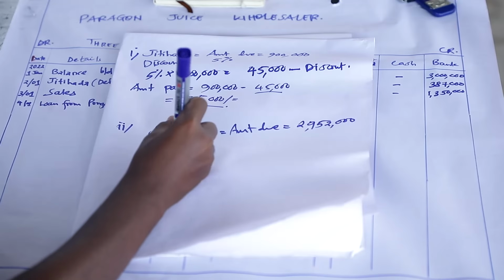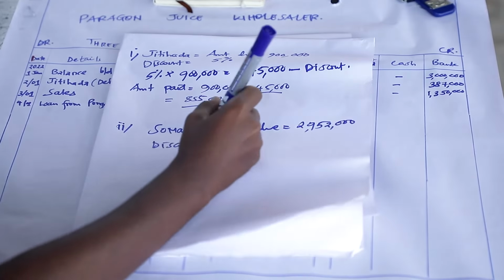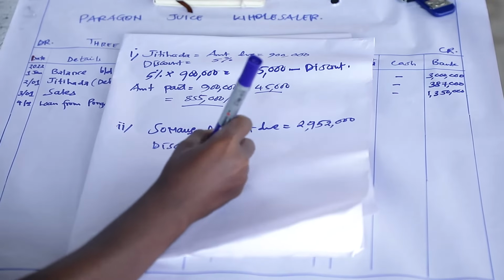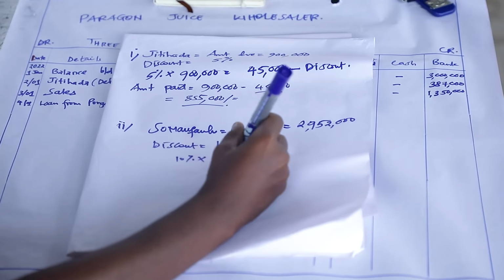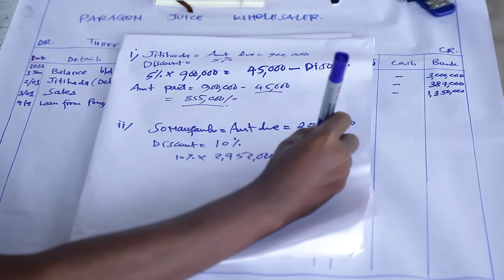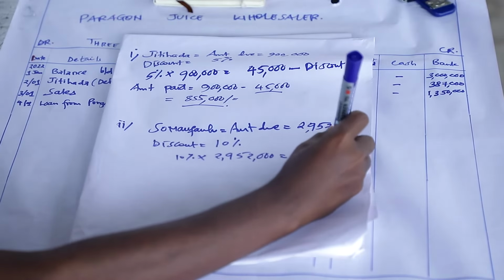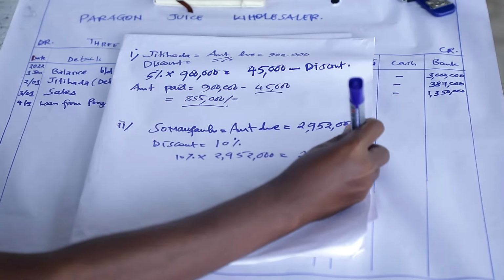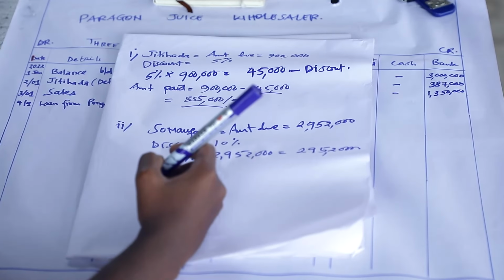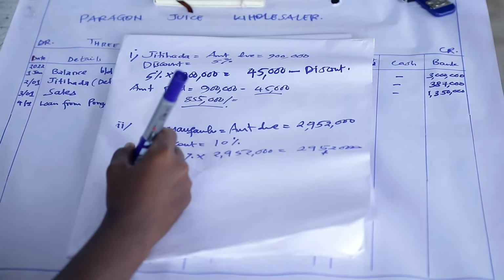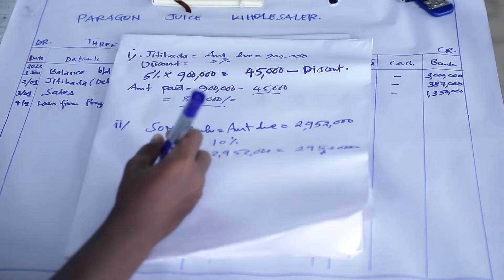Discount amount, kapewa 10% discount. So 10% times 2,292,000, tafuta discount, utabakiwa na amount ya chini.